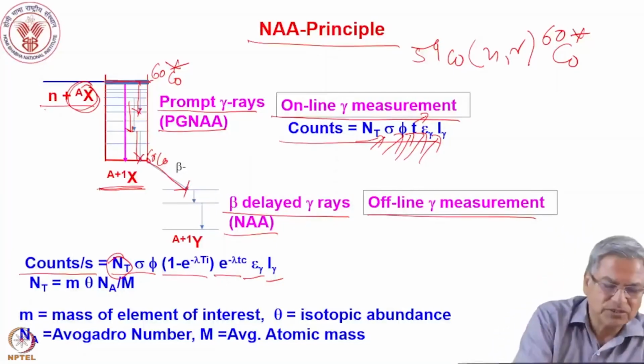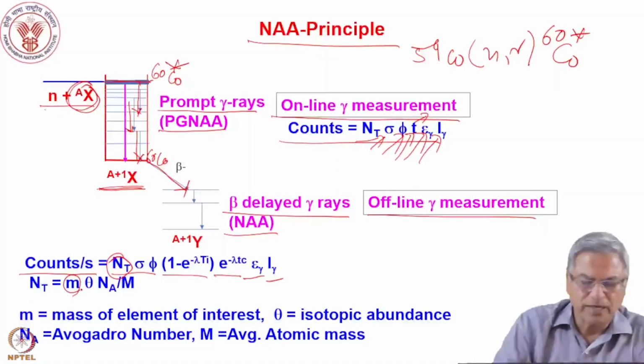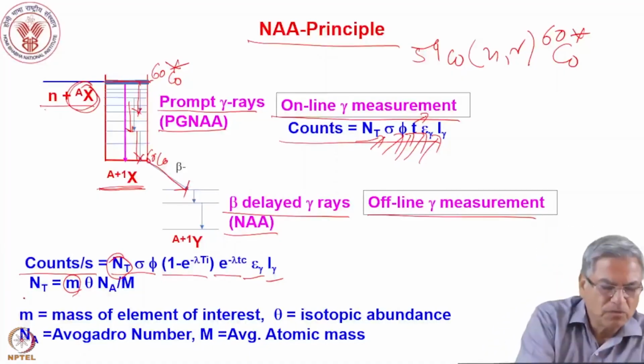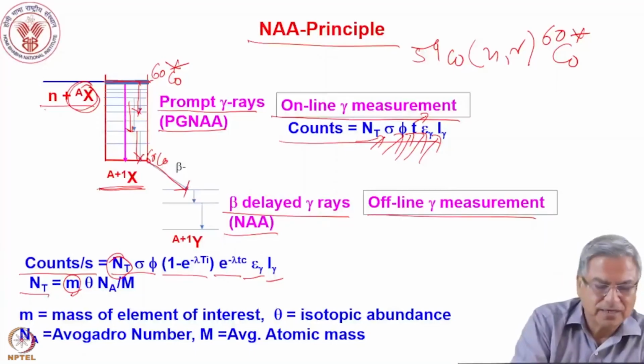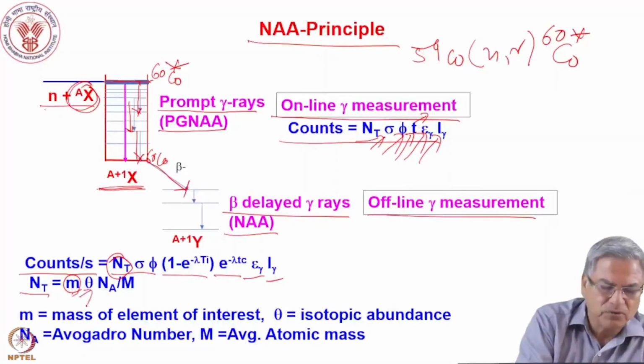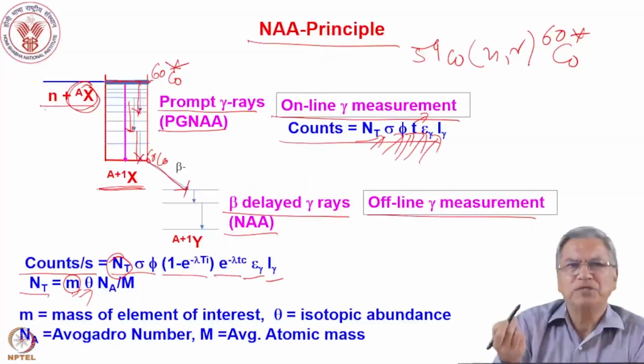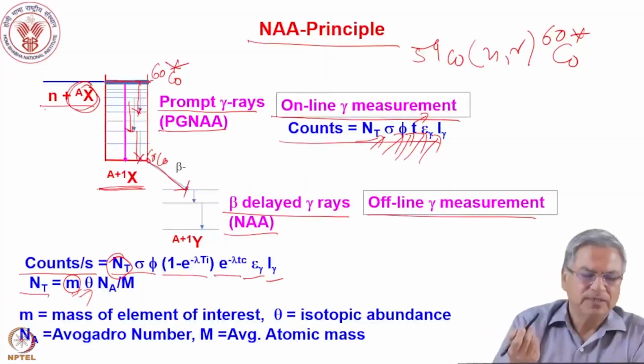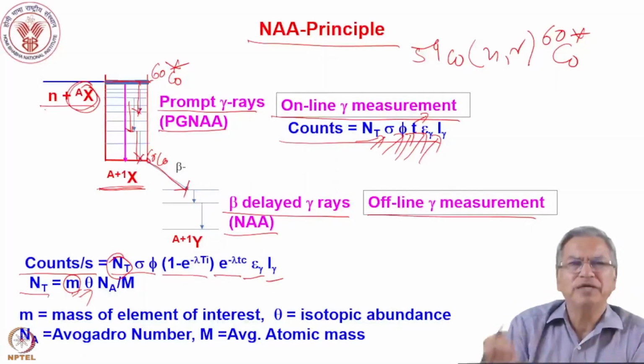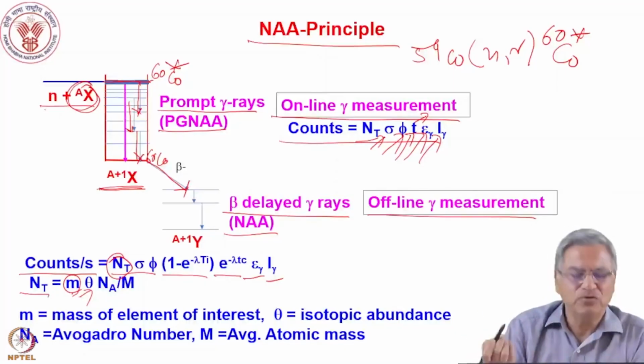So how do you get the concentration? This is the mass of the element of interest. Number of atoms of target element is the mass of the target element of interest. Now it can be a multi-isotopic sample. For example, cobalt is monoisotopic, so there is only one isotope, but tin has many isotopes, iron has many isotopes.